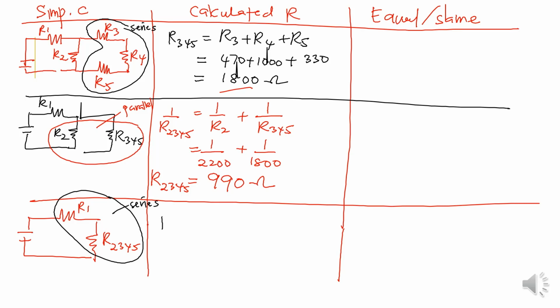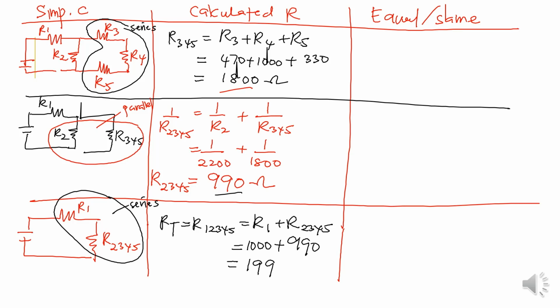So R total itu R1 plus R2, 3, 4, 5. So R1 diberi is 1000. R345 is 990. So 1990 ohm. This is R total.